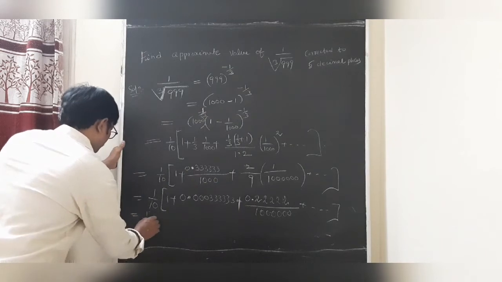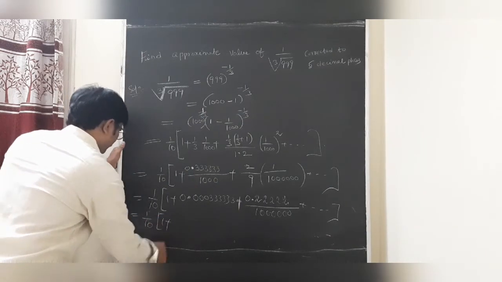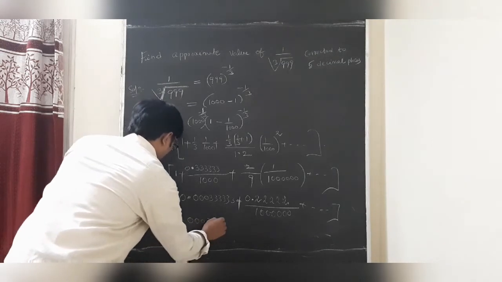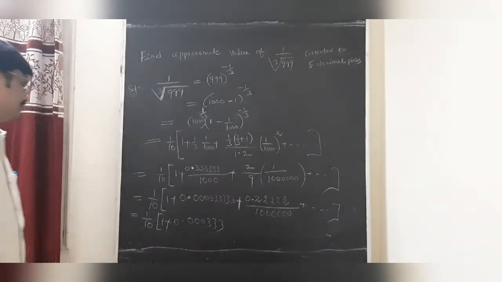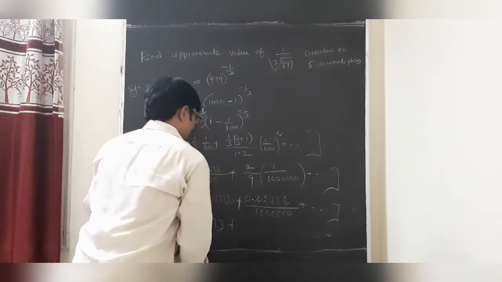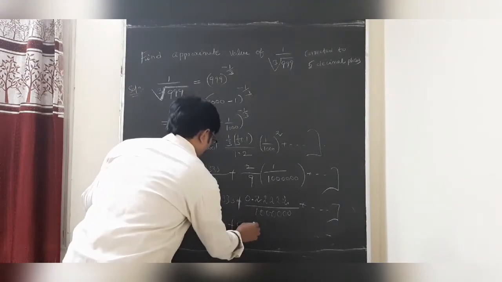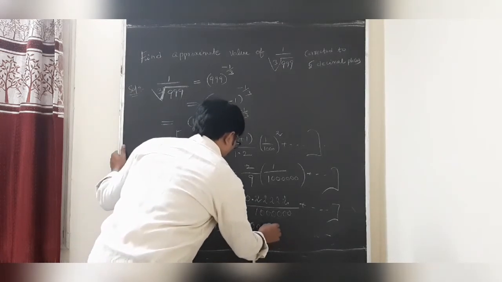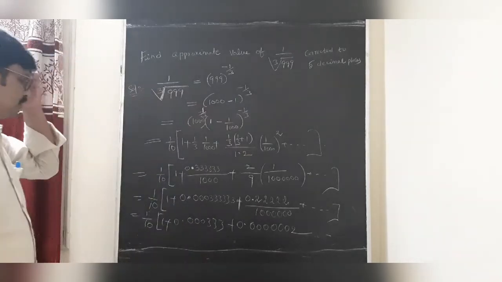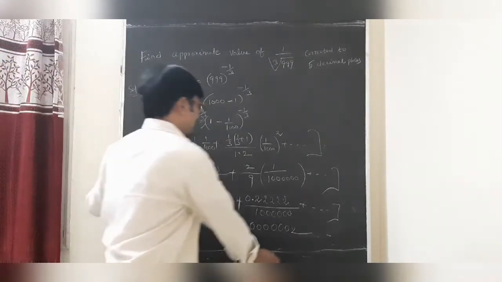So this is what, students? 1 by 10 into 1 plus 0.123. You can take at least 3. After that, students, this is plus, my dear students, 0.123456. Suppose we are taking it like this.